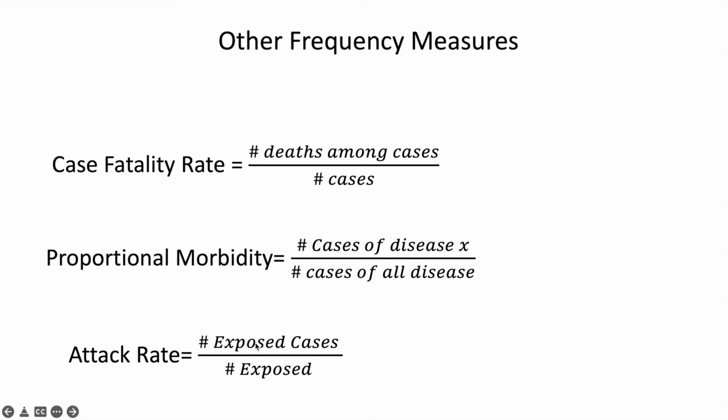We had hot dogs and hamburgers and stuff, and if we're trying to find the attack rate for hamburgers, we'd find the number of people who got sick who ate hamburgers over the number who ate hamburgers. If we were doing hot dogs, you do the number of cases who ate hot dogs over the number of people who ate hot dogs, and we pretty much find whatever food had the highest attack rate, and we can be pretty confident that's the one that people got food poisoning from.